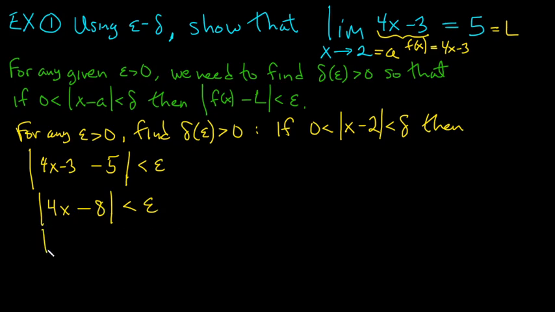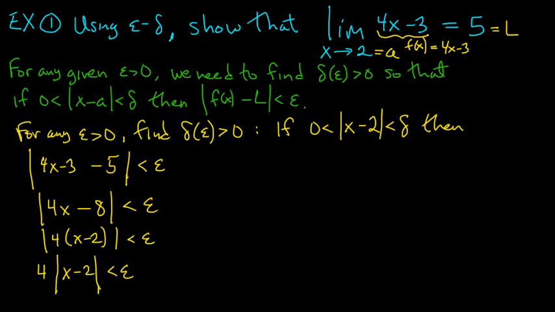This is 4 times x minus 2, in absolute value less than epsilon. And because 4 is a positive number, I can take it outside the absolute value. You should convince yourself that I'm not doing anything wrong here. So we have 4 times the absolute value of x minus 2 is less than epsilon.